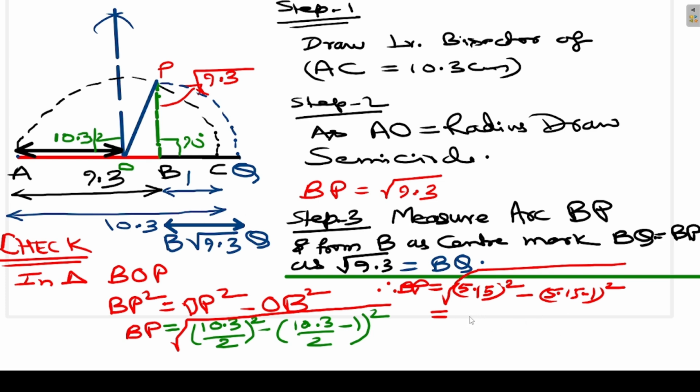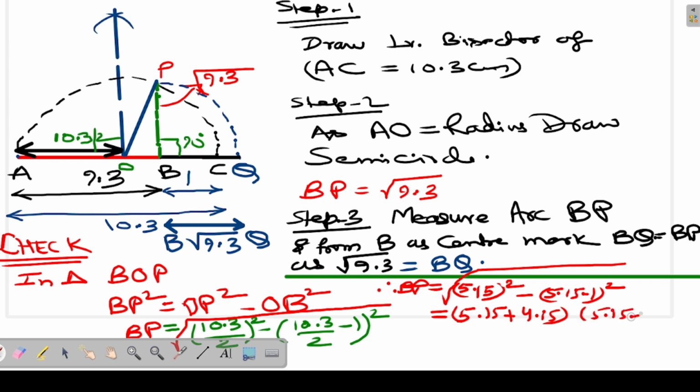So just expand, 5.15 whole square minus 4.15 whole square, in the form of A plus B and A minus B. We get 5.15 plus 4.15 into 5.15 minus 4.15, and a square root over the entire thing, right? This will give the length of BP.